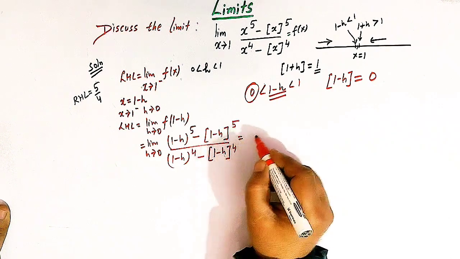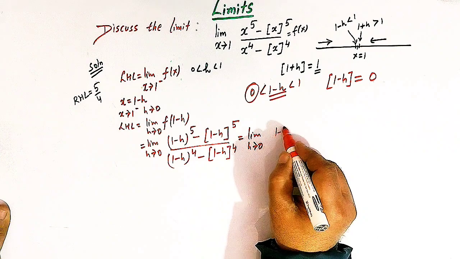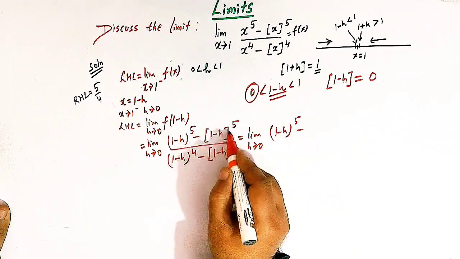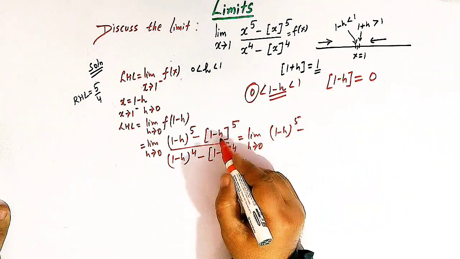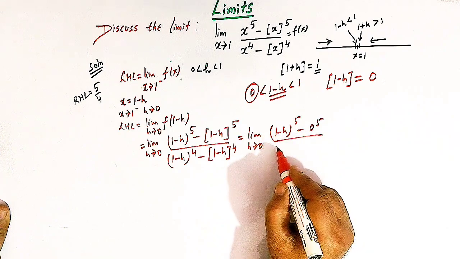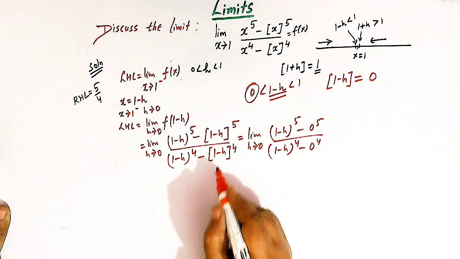So now we have limit h tends to 0, and we have the greatest integer of (1 minus h) raised to 5, which is 0 raised to 5, that is simply 0, and here we have (1 minus h) raised to 4 minus 0 raised to 4.